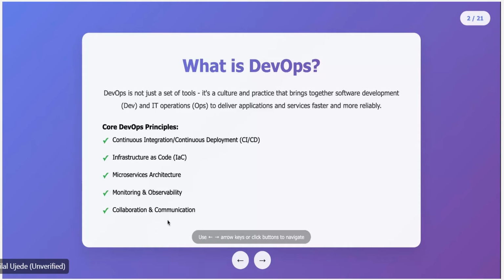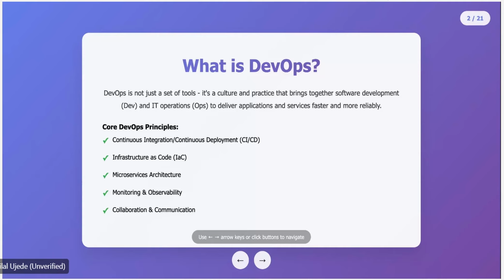And the last one is collaboration and communication. As I mentioned, DevOps connects a lot of fields together. So as a DevOps engineer, connecting with the different teams, communicating with them, and preparing plans is one of the core responsibilities, to ensure that each and every team is aligned with what DevOps is doing, aligned with what the pipeline is doing, and aligned with the monitoring data, so that each team can get a piece of the cake and understand the logs and the monitoring health statistics of a project.